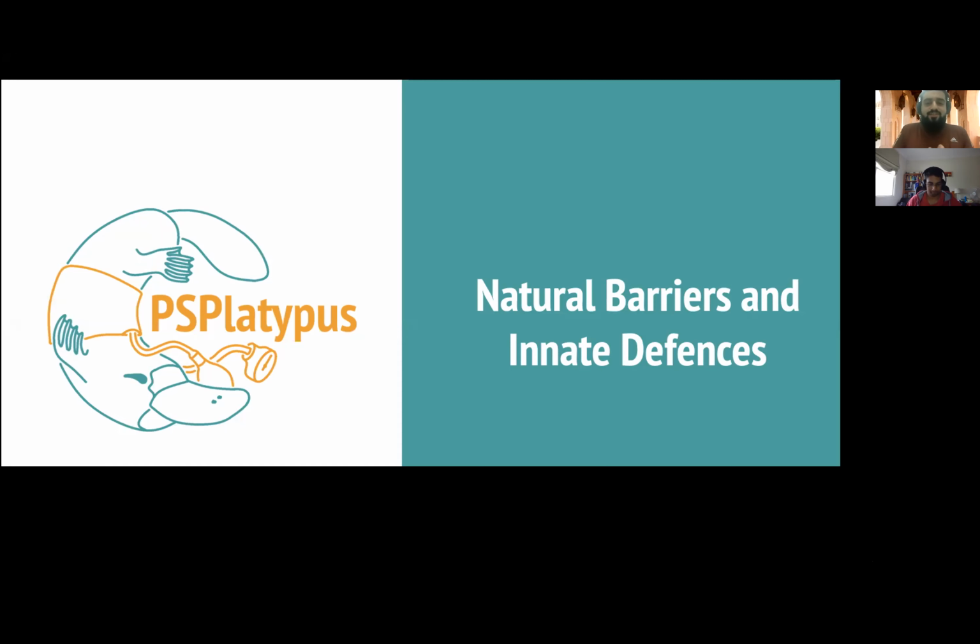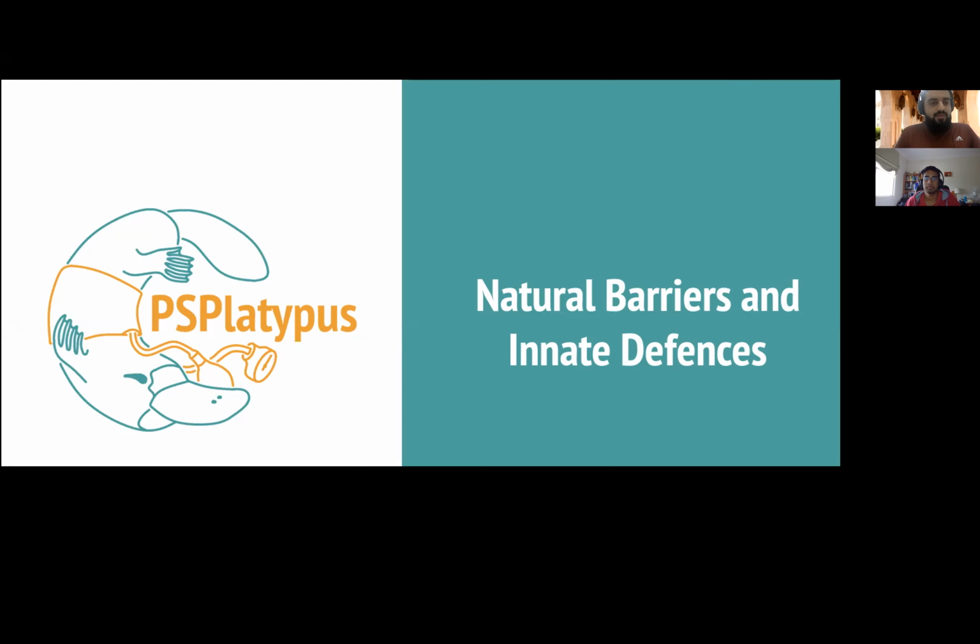Right. So let's start by talking about the natural barriers and innate defenses. Actually, most of this content we already went through in week 6 in innate and adaptive immunity.